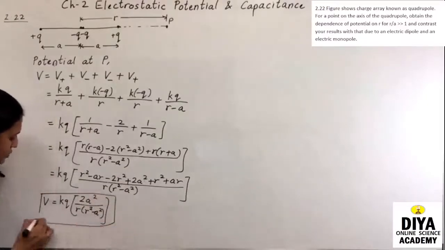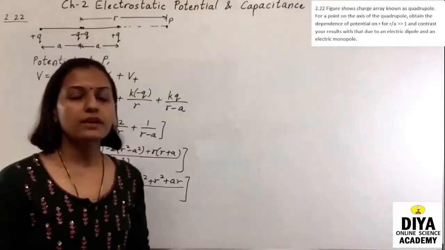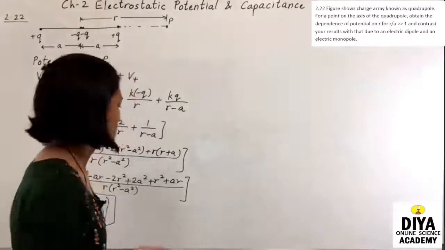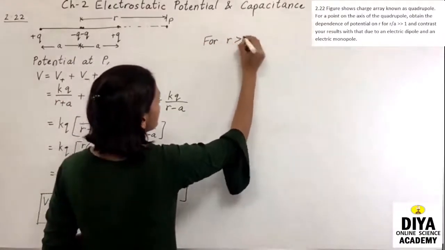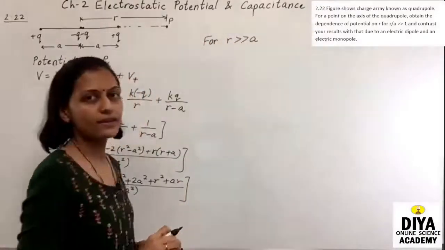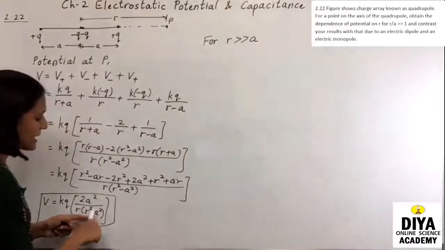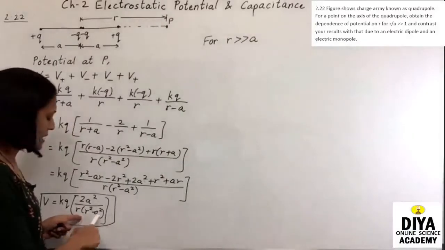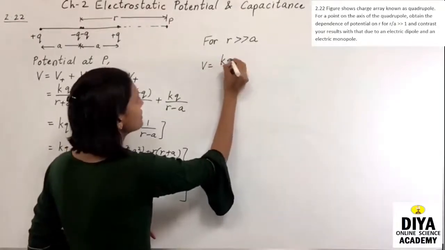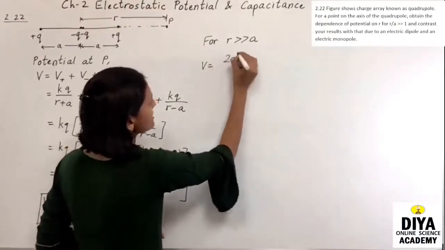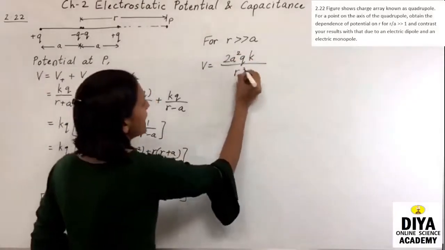Further, we have to compare, or contrast, our answer with the monopole and the dipole. So here if we take R far greater than A, or R by A greater than 1, then we can neglect this A square in comparison to R square. So V will be 2A square Q into K by only R cube.